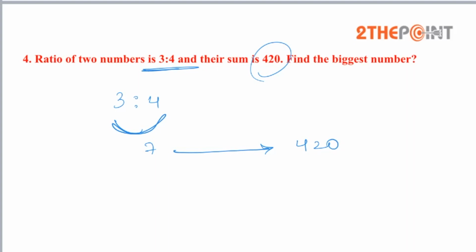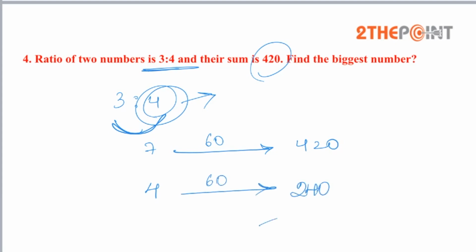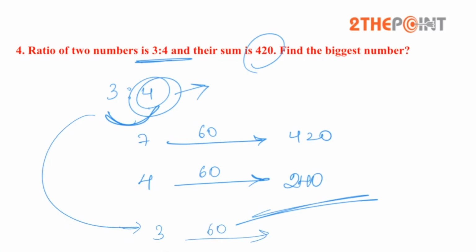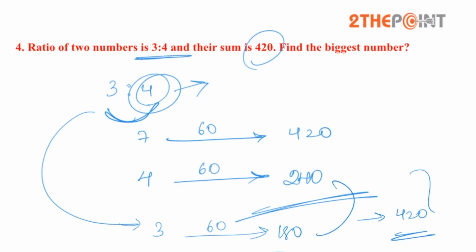You have to find the biggest number, that is the one with the biggest ratio. 420 divided by 7 is 60. So the larger term 4, if you multiply with 60, you get 240. This will be the biggest number. To get the smallest number, that is 3, multiply 3 by 60, we get 180. The sum of these two is equal to 420. You can cross check this way.